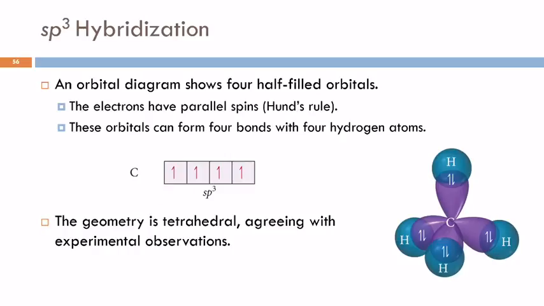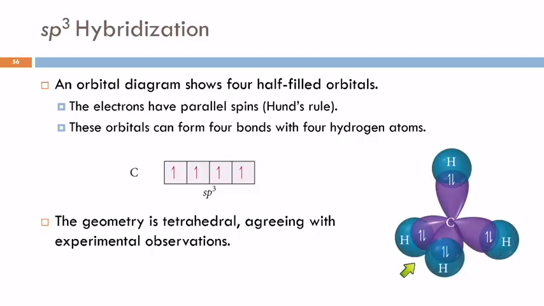In the quantum hotel, people take their own beds before they share. So we've taken the s room with its 1 bed and the p room with its 3 beds, knocked down the wall, and now there are 4 beds, and they're all the same. 4 people coming in are each going to take their own bed. The geometry is tetrahedral. Now, each of these hybrid orbitals can overlap with the half-filled s orbital of 1 hydrogen atom.